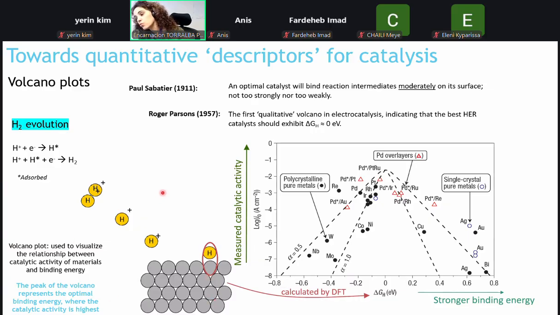Okay, why? Because normally, when you are doing electrocatalysis, you are going to have adsorption on the surface. For example, here I'm talking about hydrogen evolution. This is the simplest mechanism of hydrogen evolution.